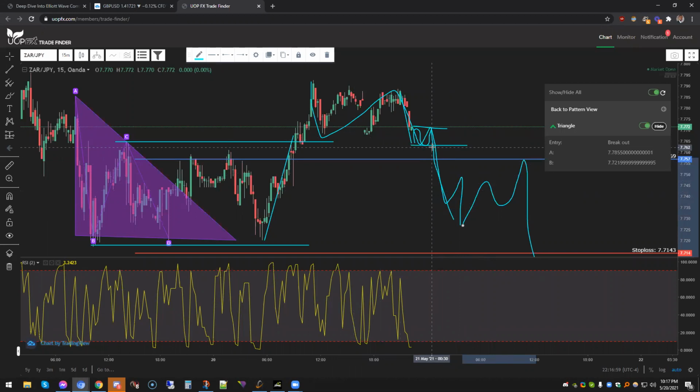So at some point, that wave is going to complete a bigger correction and price is going to go in the opposite direction. Okay, so you just need to make sure that you understand the various rules, keep them in mind, understand the construction of these patterns. The more patterns that you understand, the easier it will be for you to dissect them.